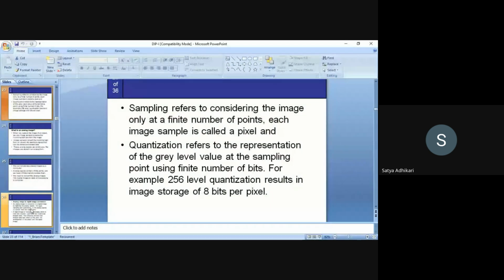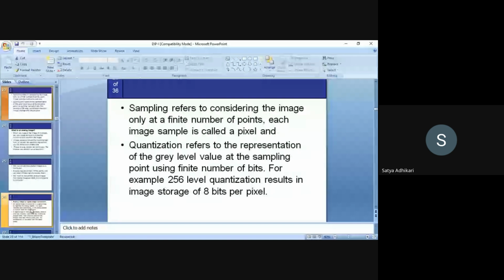That means where the particular pixel is located. As you know, every pixel is associated with two things: location and gray level value, x y and f of x y. So sampling refers to x y only, where the location is.